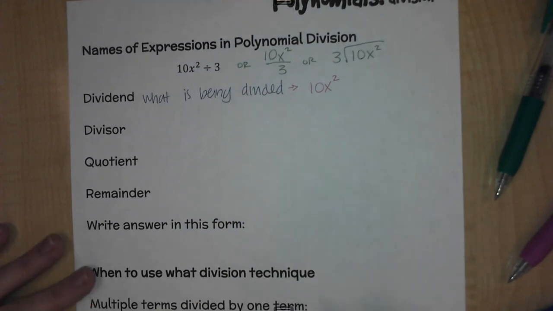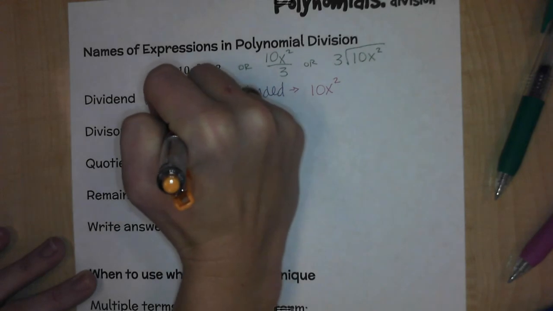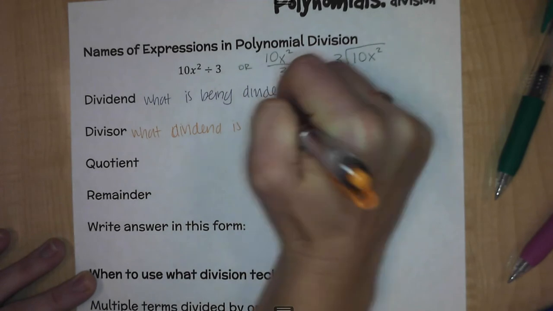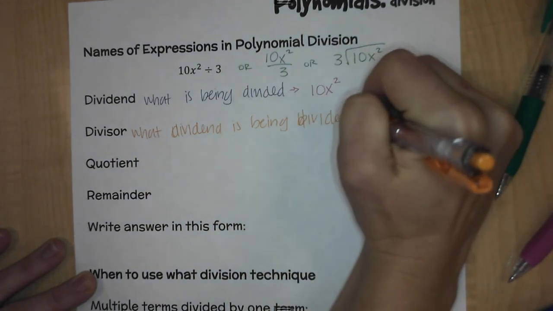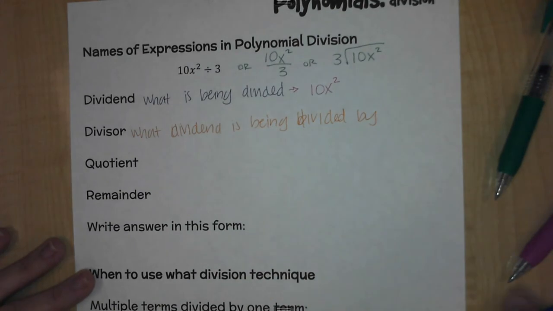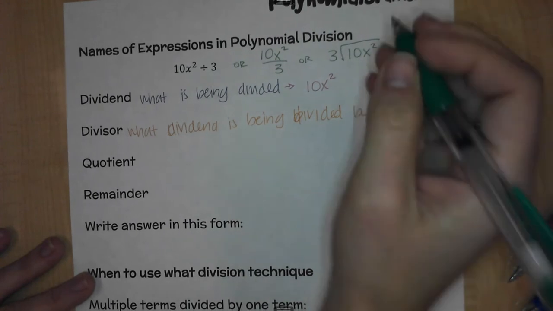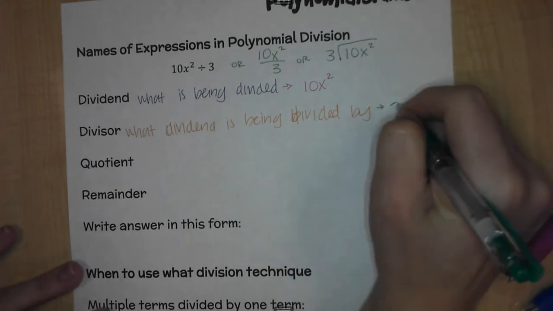The divisor is what the dividend is being divided by. I was getting ahead of myself. What the dividend is being divided by. So that is, in our example, 3.